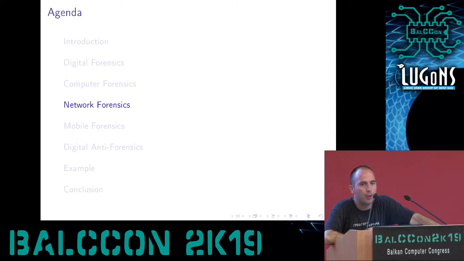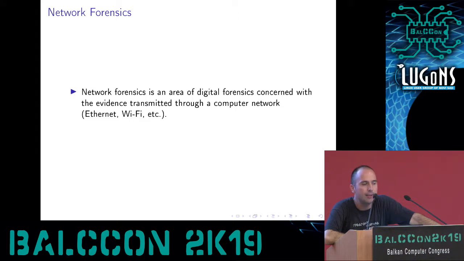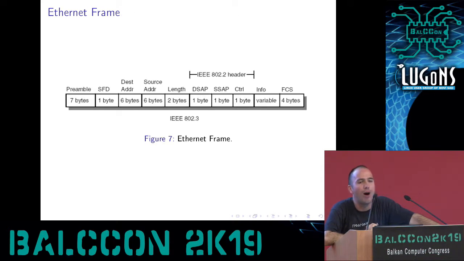So now we are jumping to network forensics. As I've said, network forensics is an area of digital forensics that is concerned with evidence transmitted through a computer network. That could be, I don't know, Wi-Fi, Ethernet, or some wide area network. And we also have to remember some, let's say, networking 101.